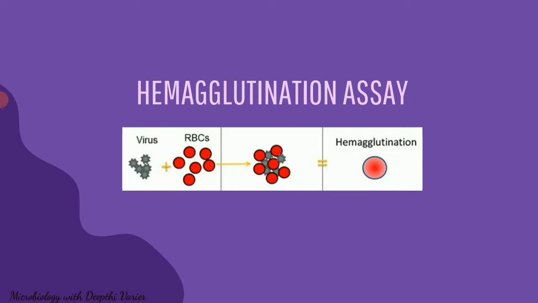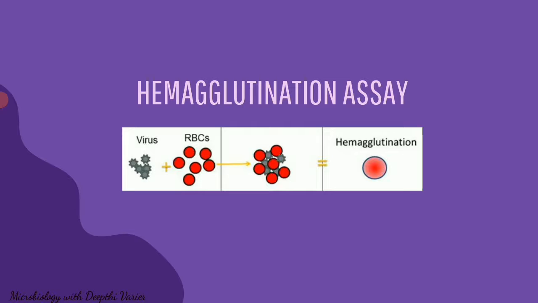In this method, if the virus has a hemagglutinin protein, that protein will agglutinate or clump the red blood cells. So this is a method which can be used only for those viruses which have this hemagglutinin protein, for example the influenza virus, which is why the hemagglutination assay is a regular method for counting influenza viruses.